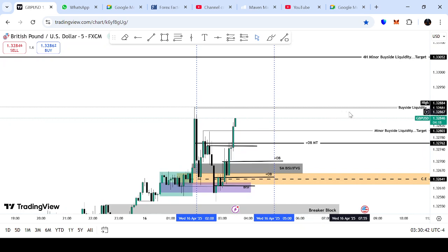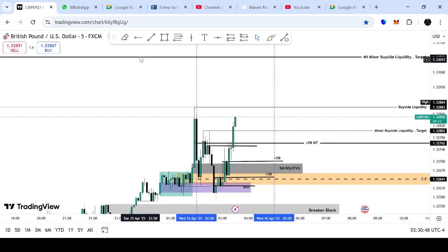We're targeting this buy side liquidity above here. That's the high of the order block. So the long wick, get the long wick 50%.